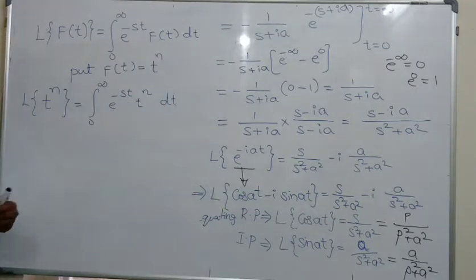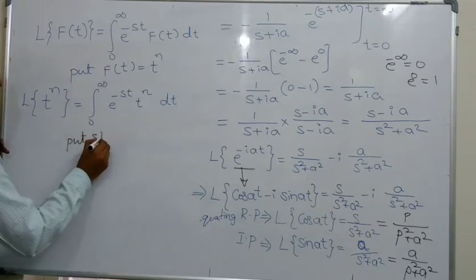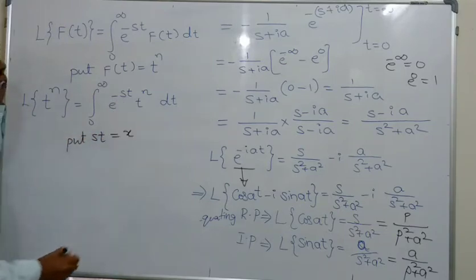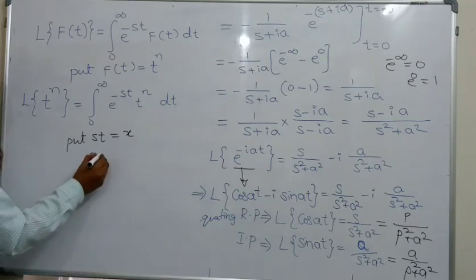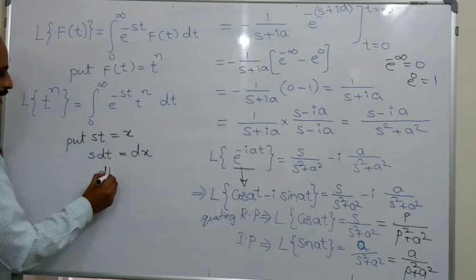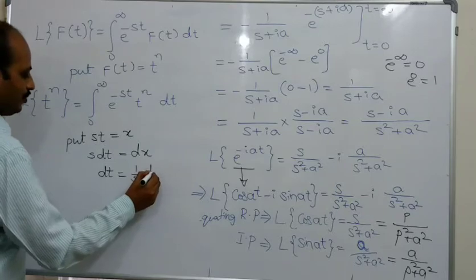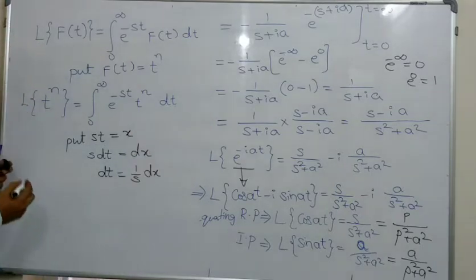To solve this integral, replace st by x. Put st equal to x. Then s dt is equal to dx, so dt is equal to 1 by s into dx.